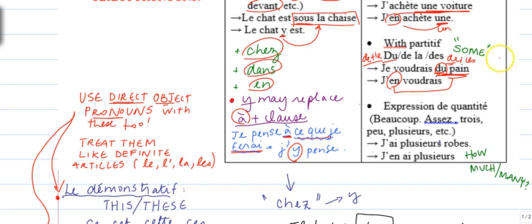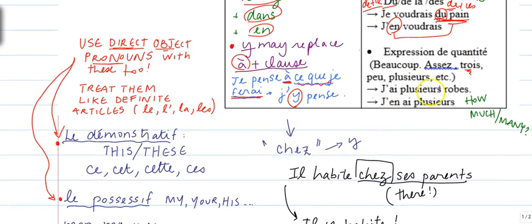Finally, we're still with the idea of quantities. Here it was some, here was a, here you have really precise quantities. A lot, beaucoup, enough, assez, 3, 4, 5, 6, 1000, 2000, 100 millions, numbers. Peu, little, plusieurs, several. So when you spot the quantities like that, like j'ai plusieurs robes, I have several dresses, plusieurs robes turns into en. So j'en stands for robes, dresses. And how many do you have?